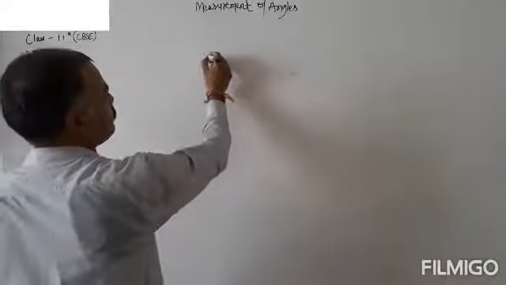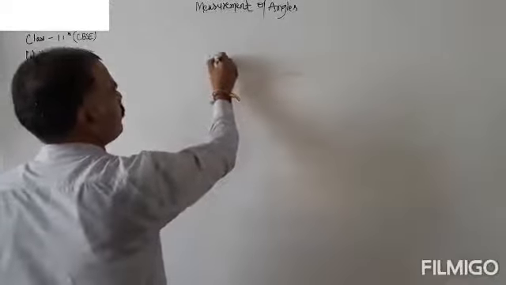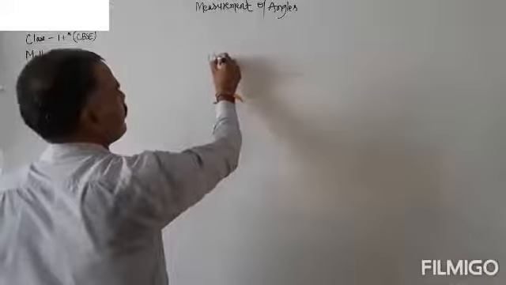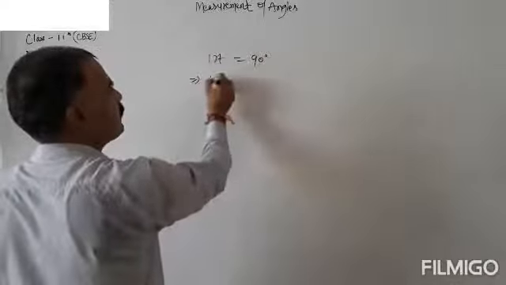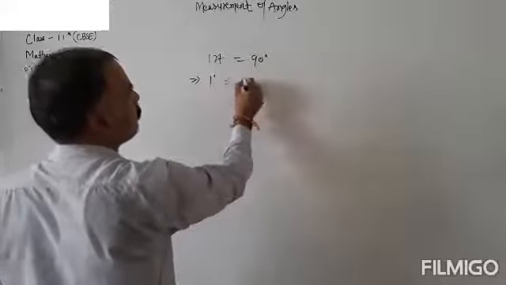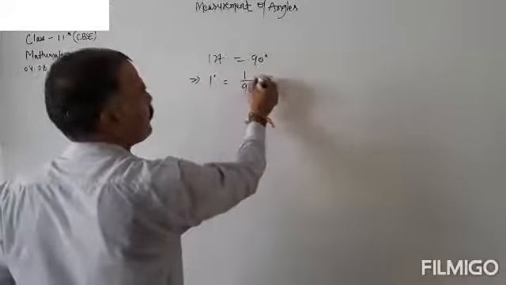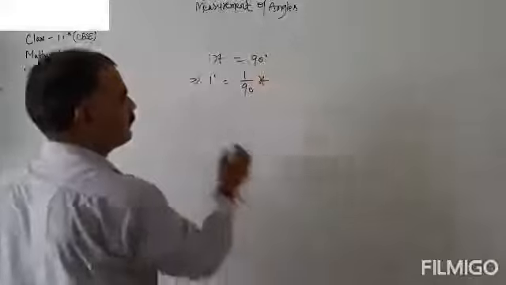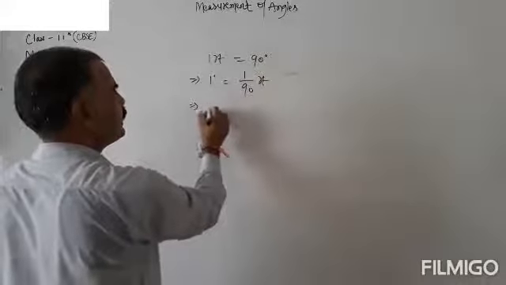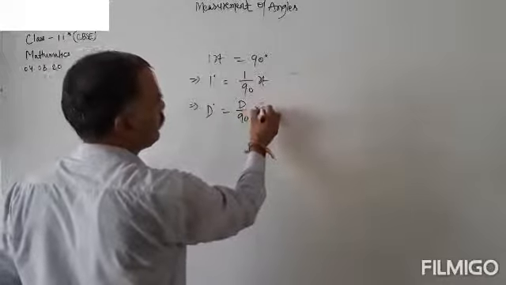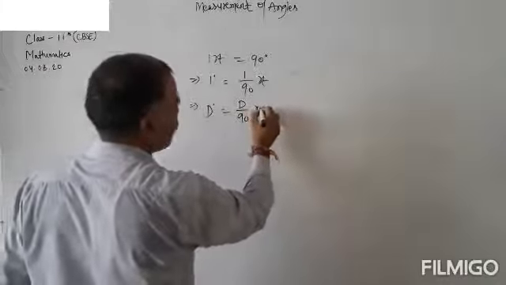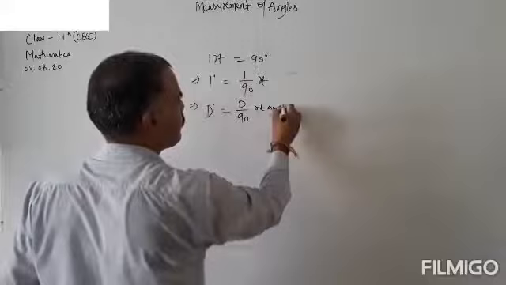We know that one right angle is equal to 90 degree. It means 1 degree is equal to 1 upon 90 right angle. So d degree is equal to d upon 90 right angle.